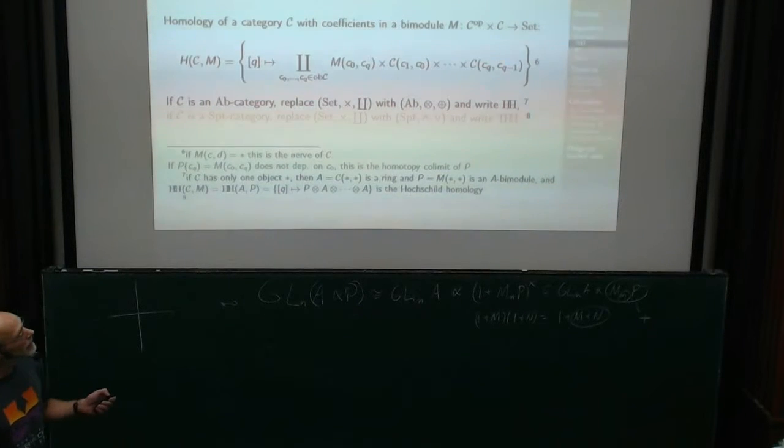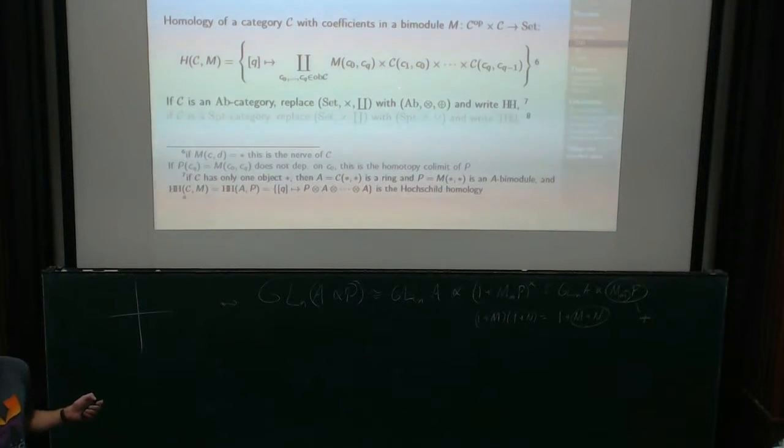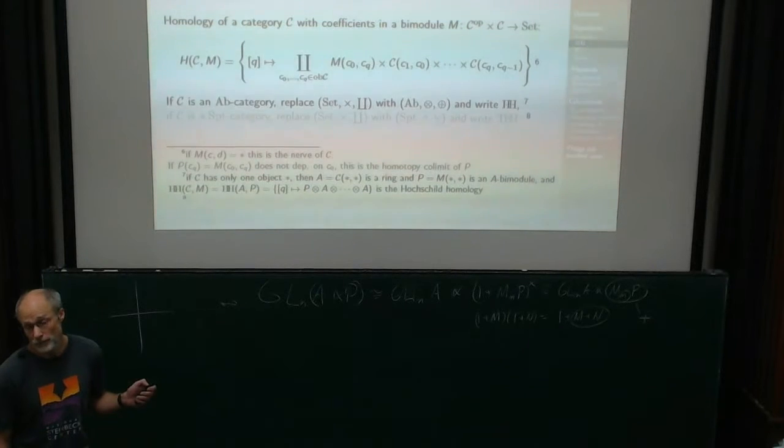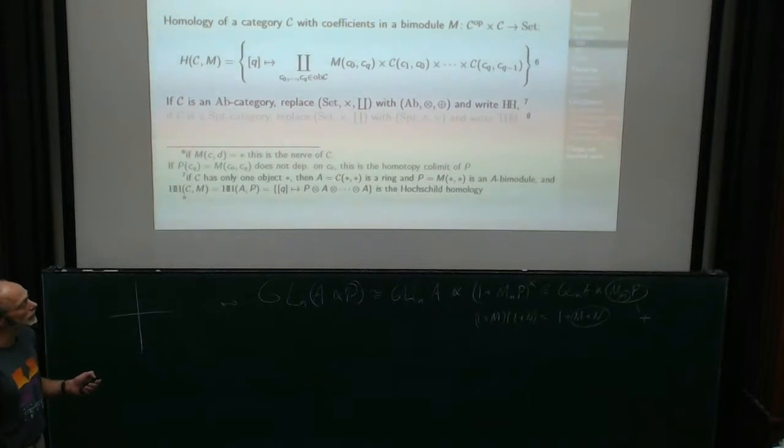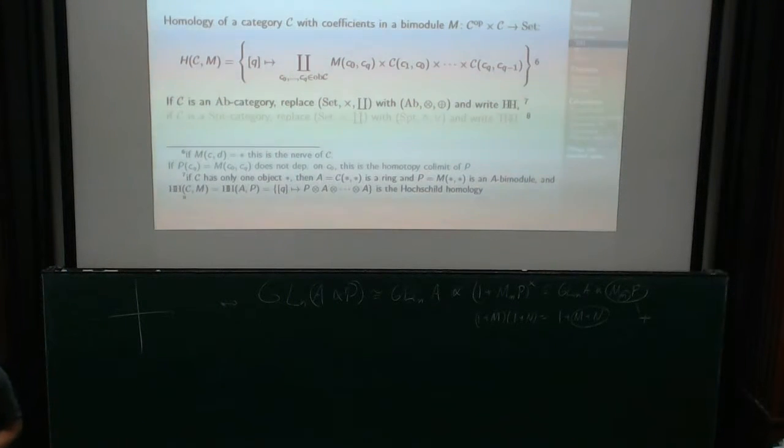Why is it Hochschild homology? Well, consider the case where your category C has just one object. Call that object star. Then the endomorphisms of that single object form an abelian group, because the morphism spaces were supposed to be abelian groups, and composition gives that a ring structure.